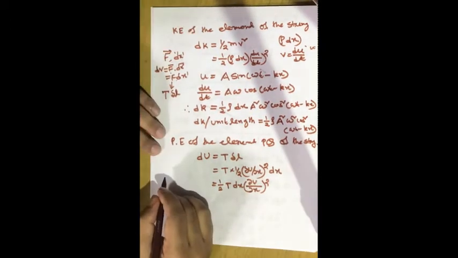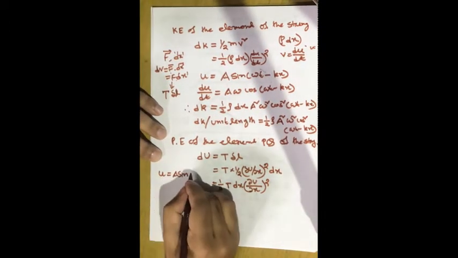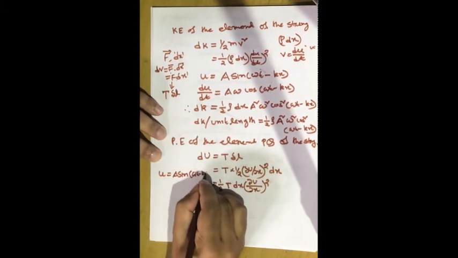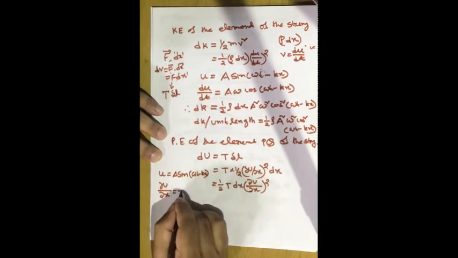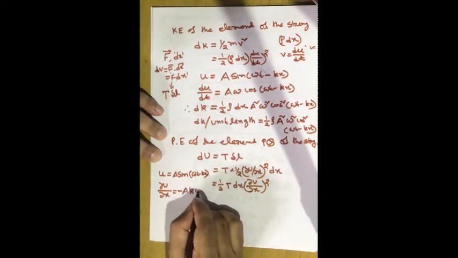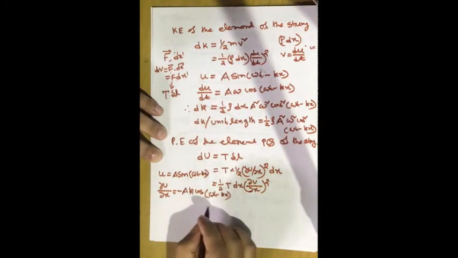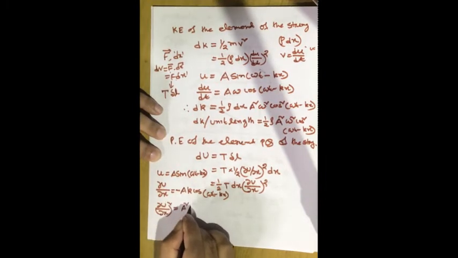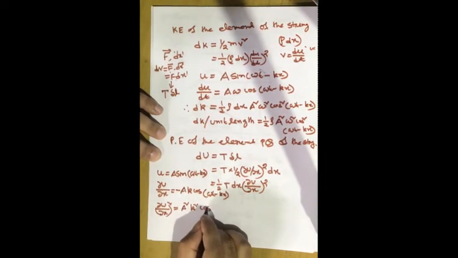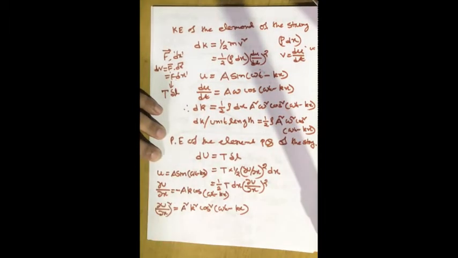Then also we know u is equal to a sin(omega t minus kx). Therefore, del u by del x will be equal to minus a k cos(omega t minus kx). Therefore, (del u by del x) whole square will be equal to a square k square cos square(omega t minus kx).